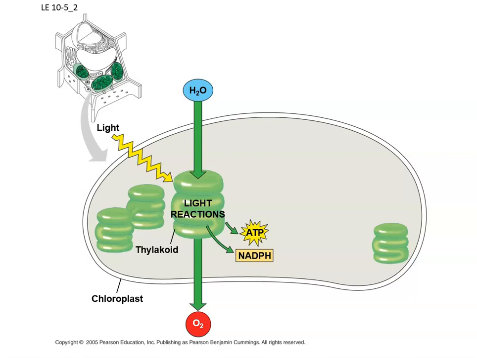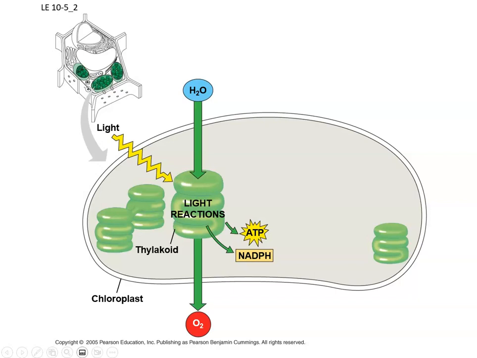The light reactions of photosynthesis take place in a eukaryotic cell within the chloroplast, specifically on the thylakoid membranes. Remember, we talked about the thylakoid last time. Each little individual disc there, like a green little pancake, is a thylakoid, but the whole stack is a granum. The purpose of the light reactions is to convert that light energy into a form of chemical energy.